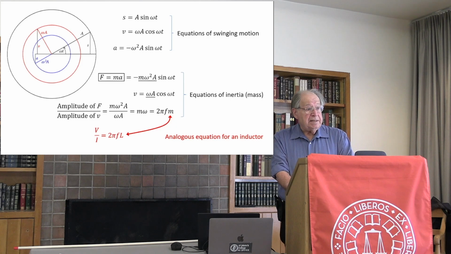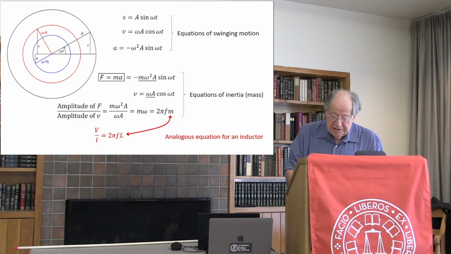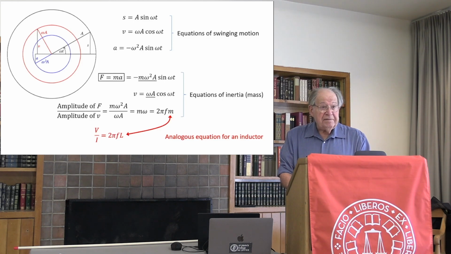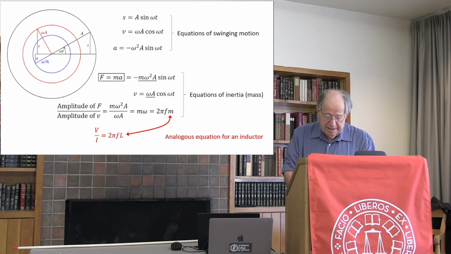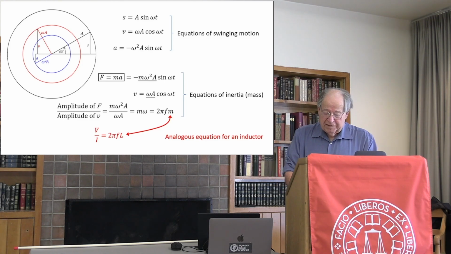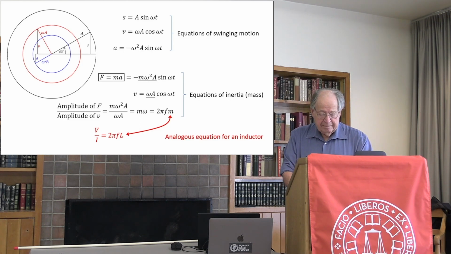How do they relate in magnitude? To see this, find the ratio of their respective amplitudes, that is, of their peak values independent of sign. We have the amplitude of force over the amplitude of velocity equals 2 pi fm.